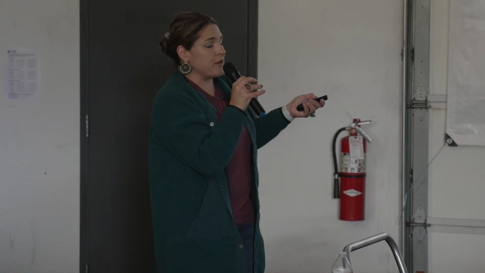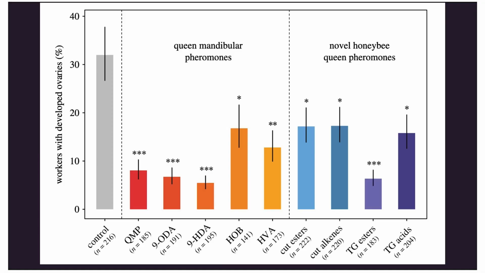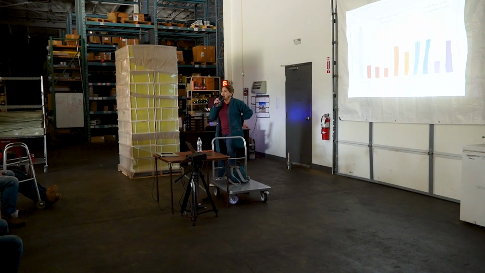So they're like, well, no queen, then it's my turn. When they gave them, after they had been dequeened, either the synthetic QMP or individual components of synthetic QMP, it significantly dropped the percent of workers that activated their ovaries, like we had known in the past. What's novel about this experiment is that they also isolated cuticular hydrocarbons from the cuticle of the queen that up to now we didn't know are doing the same thing.